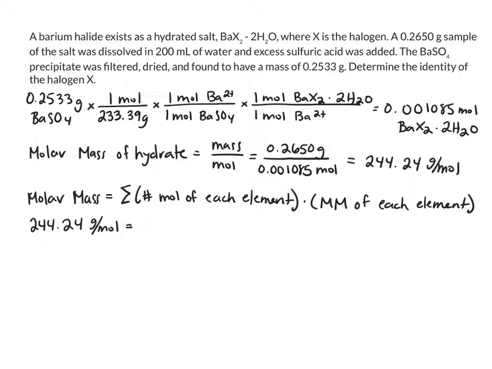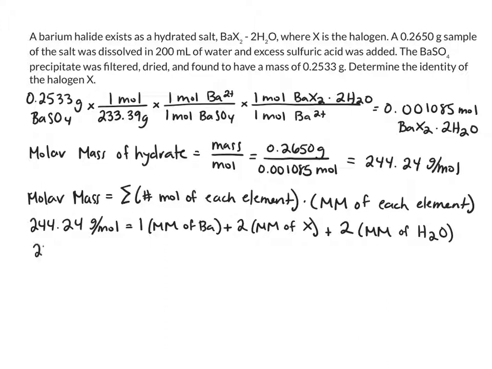So my first element is barium. I've got 1 mole times the molar mass of barium, plus I've got 2 moles of whatever the molar mass of X is, plus I'm just going to lump all of water together, so I've got 2 moles times the molar mass of water. Little shortcut there.